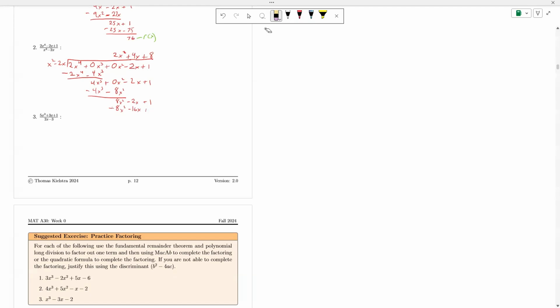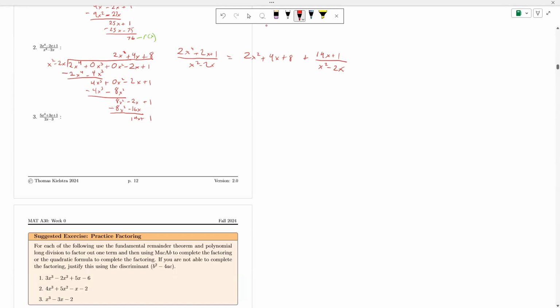And when we subtract, we're left with 14x plus 1. Now, x squared does not go into 14x. So this means that 2x to the 4 plus 2x plus 1 over x squared minus 2x is equal to 2x squared plus 4x plus 8 plus 14x plus 1 over x squared minus 2x.